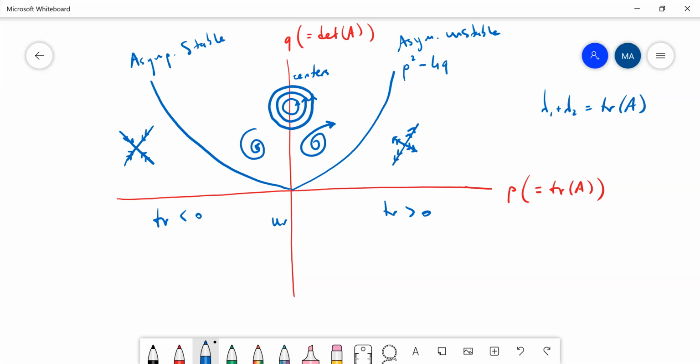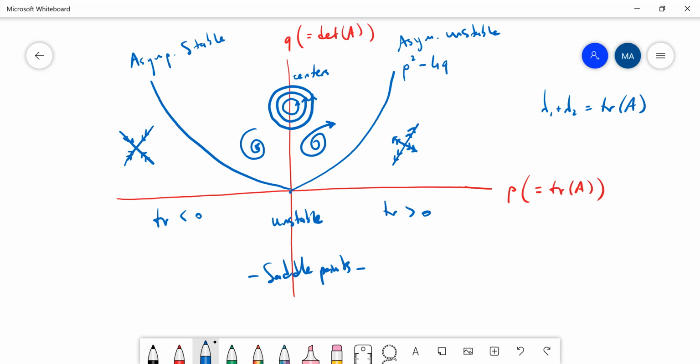This is also unstable, exactly this point where Q is negative and P is 0, right? And here we have saddle points because one is positive, one is negative. Okay, so we don't really know, right?